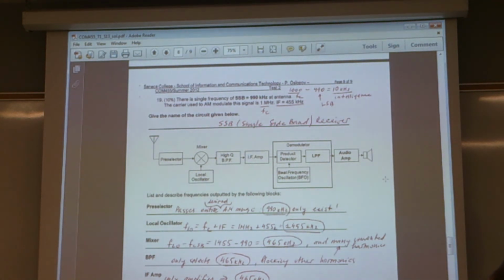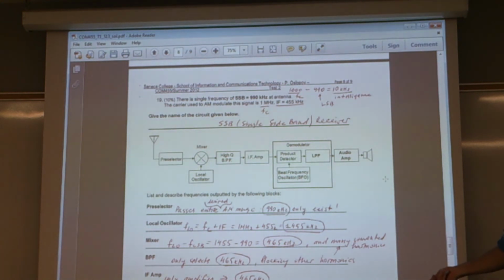If you have an antenna, and it's obviously not a transmitter, what is it? Receiver. And what does it receive? SSB, single sideband. And your carrier is 1 megahertz. Is it lower or upper?